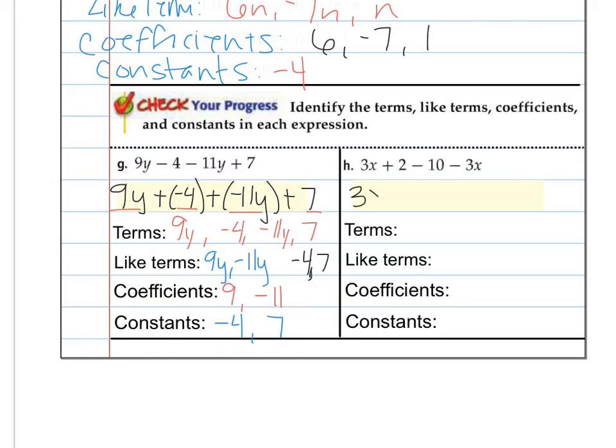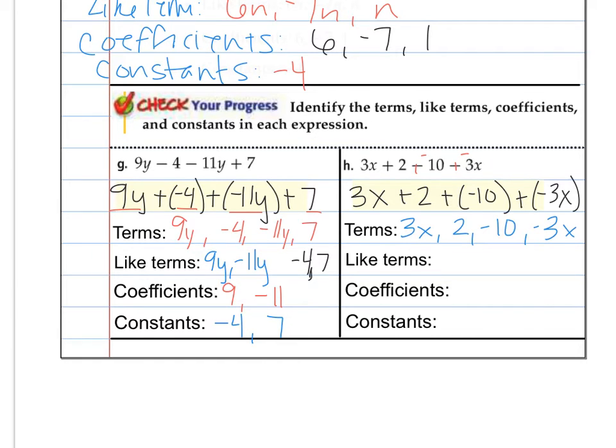So again, up here, rewrite it. All I did was change all the subtraction to adding the opposite. So then your terms are, as you see them, 3x, 2, -10, and -3x.